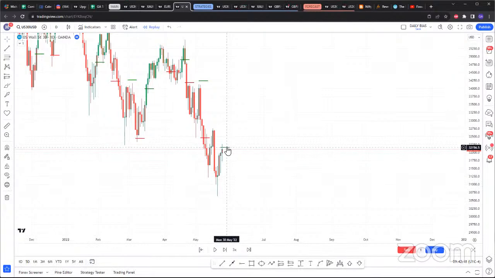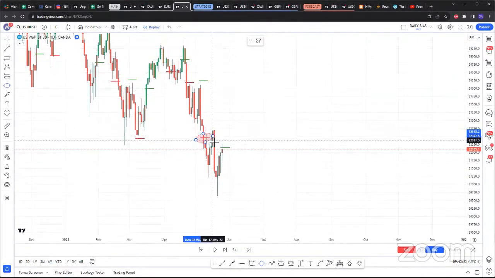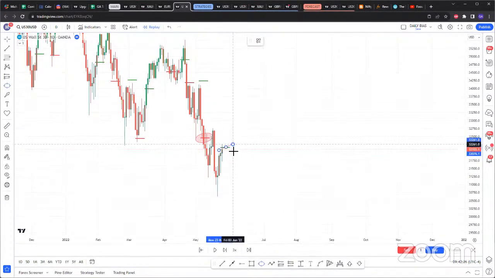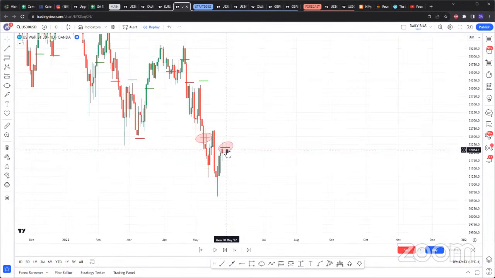But for you to switch your bias from this confirmed sell, definitely right here, you need a daily candle to close above this buy zone right here. So if you don't have a daily candle closing, so for me, even during this day, my bias would still have been a sell.